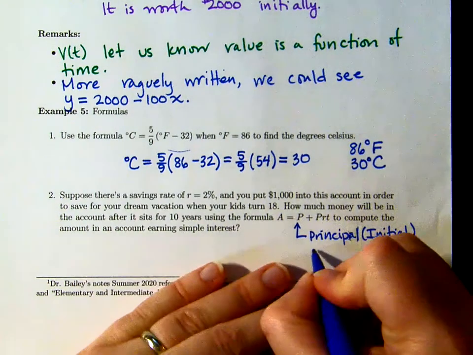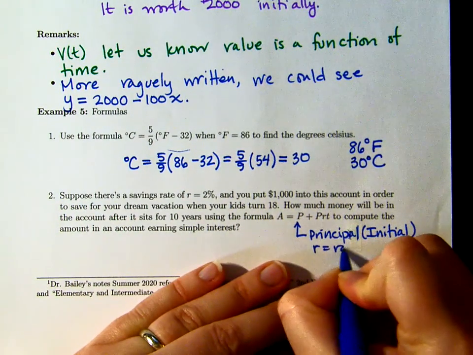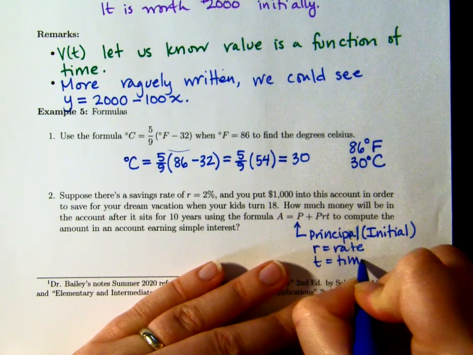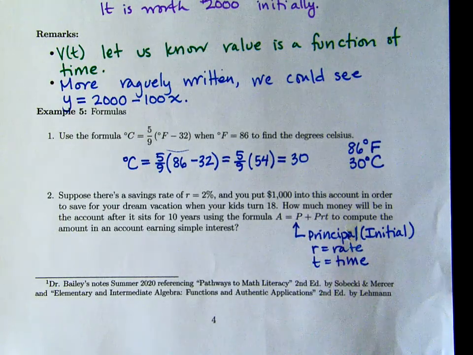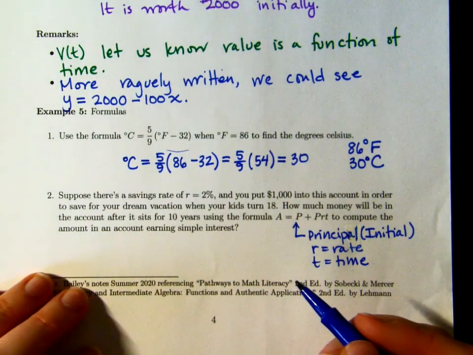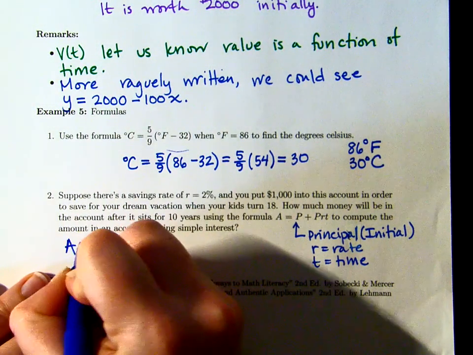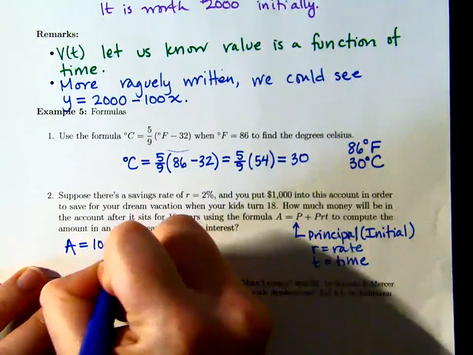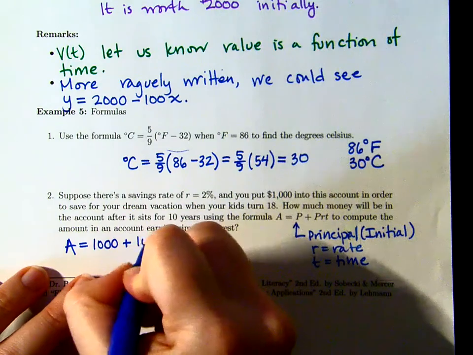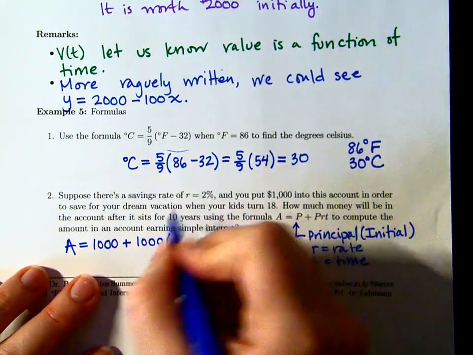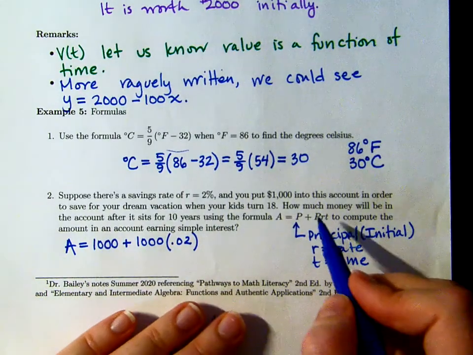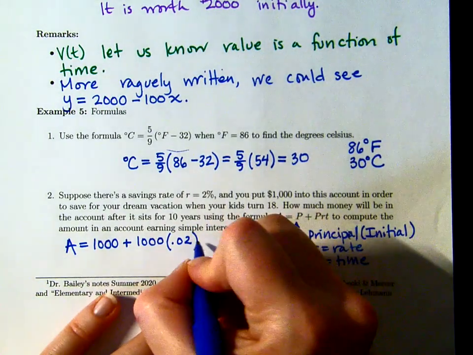So the R is rate, and the T is time, just so that I put everything into the right spots here. Okay, here we go. The amount in the account is $1,000 plus 1,000 times 2%, which is rewritten as 2/100ths, times the time, 10 years.